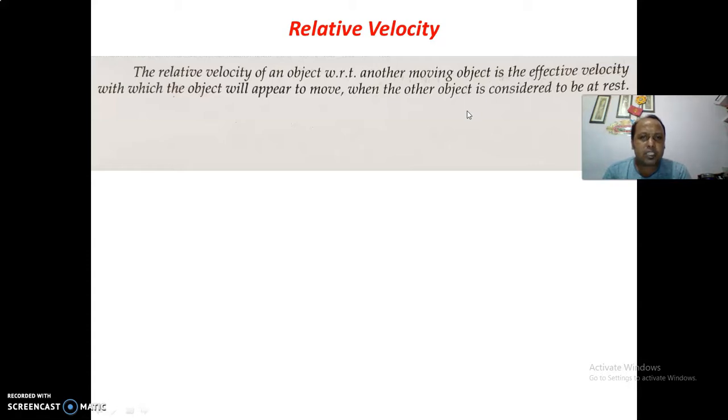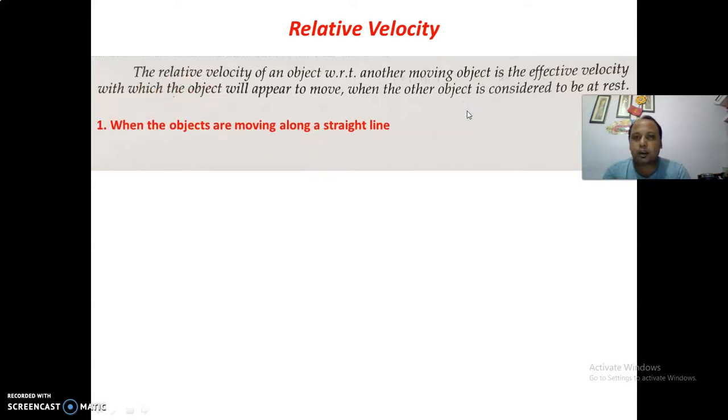The object in which you are sitting is considered to be at rest. Like you are sitting in a car, you feel that you are at rest and you are watching the other car which is moving, and you measure the velocity of that other car, considering yourself at rest. So that is called the relative velocity. So that's what we are going to discuss here today in this video.